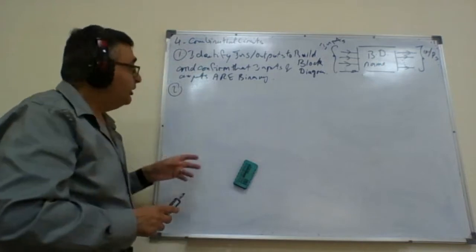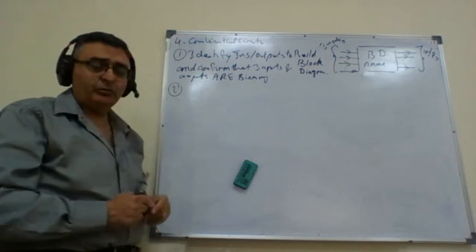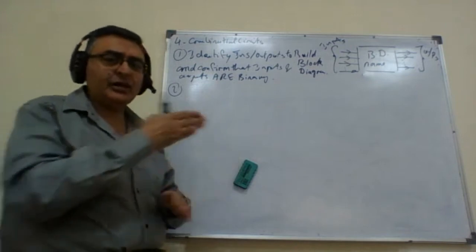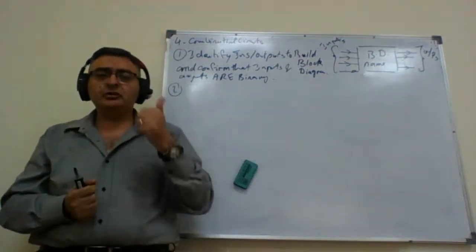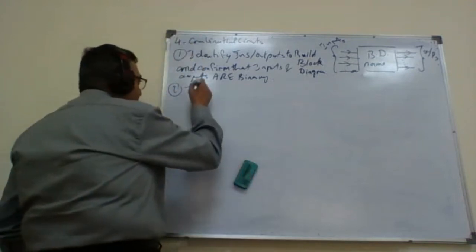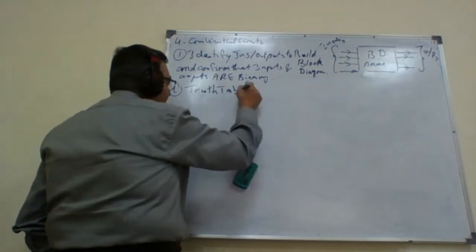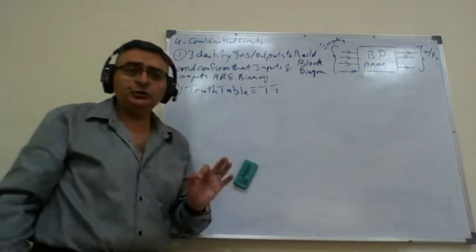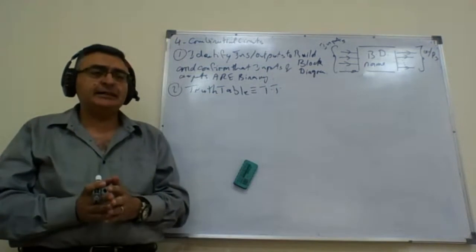So we started with the block diagram. Then what comes after that? The second component is the design direction. When you design a circuit, the second component that you are seeking is the truth table, TT. You should be able to build a truth table. This is the moment of truth. This is the table of truth.